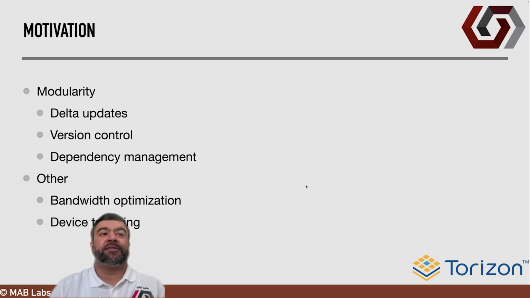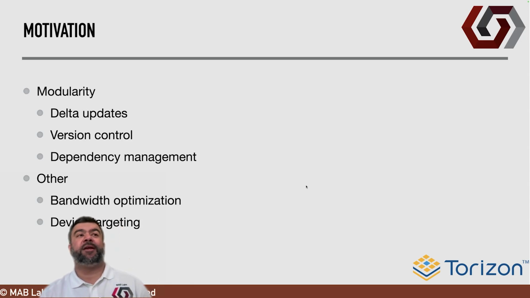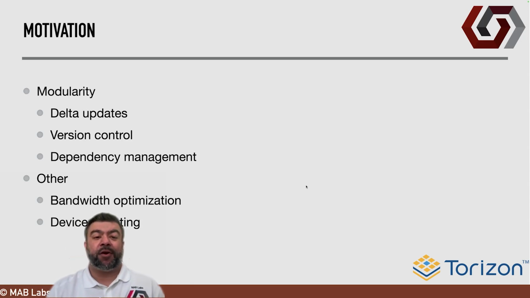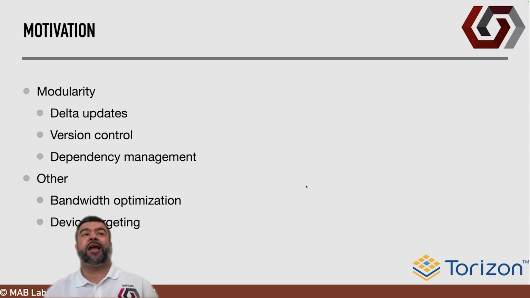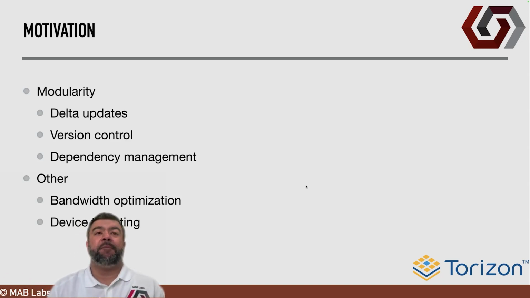Is there some sort of version control system that goes hand in hand with these delta updates? And does the framework that you're using have some sort of dependency management system to ensure that if there are any changes in the dependencies of the changes that you want, those are also captured, and you don't need to manually and externally be responsible for other dependencies?